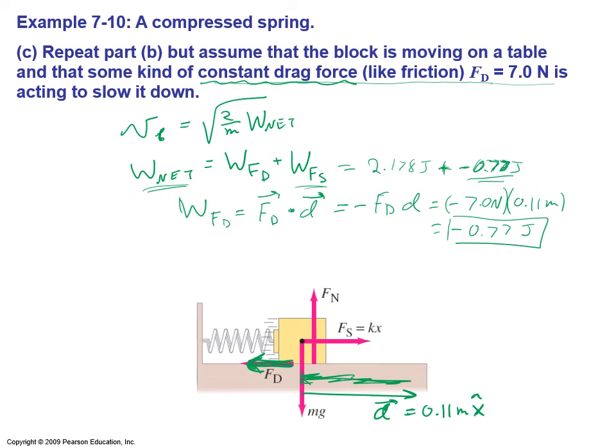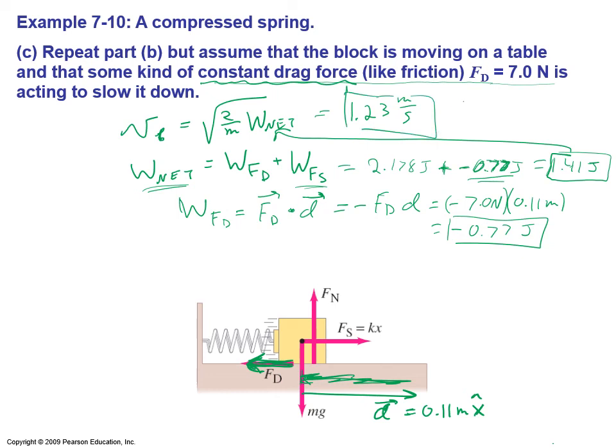And this is going to give us a net work of 1.41 joules. Okay, so that's the net work now. Plugging that into our formula, we then have that the velocity will be 1.23 meters per second.